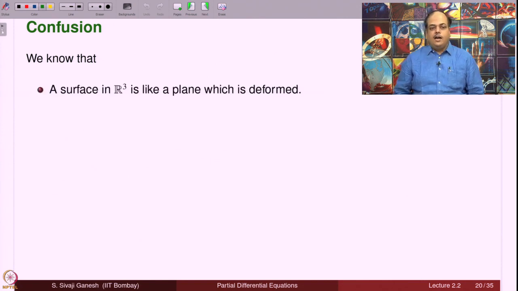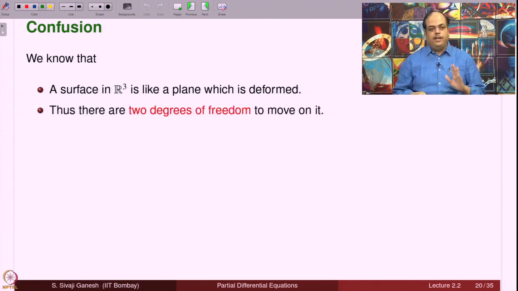Now, a surface in R3, how does it look? It looks like a plane but slightly deformed, right, that is a feeling. Therefore, it looks like there are 2 degrees of freedom to move on a surface. If you are on a surface like this, you can move like this, right, 2 degrees of freedom. It is not like one single straight line, like a road on which you can't overtake.